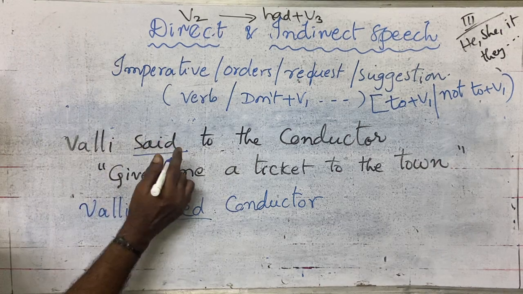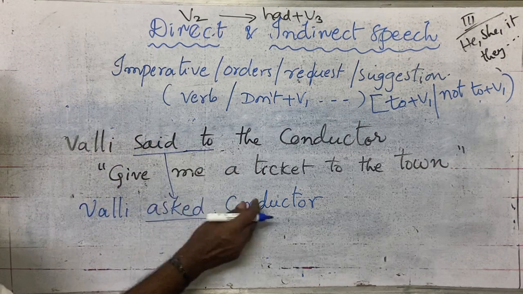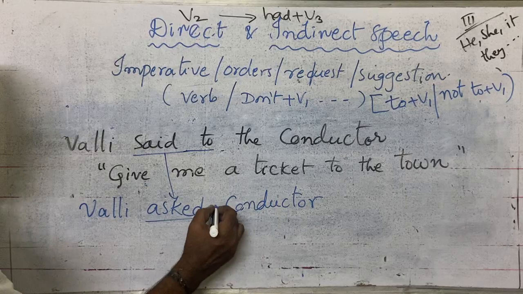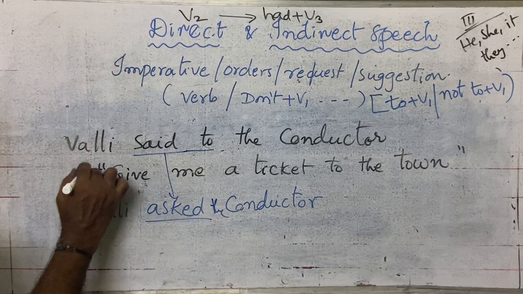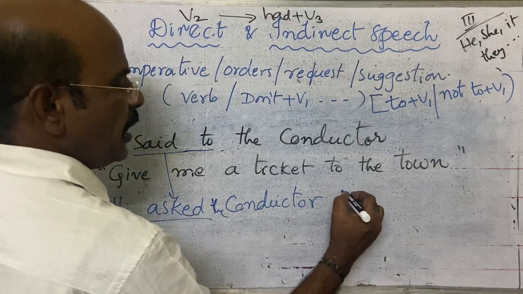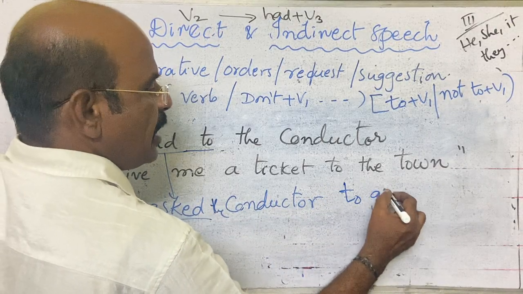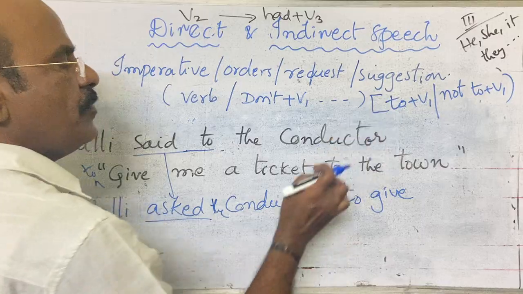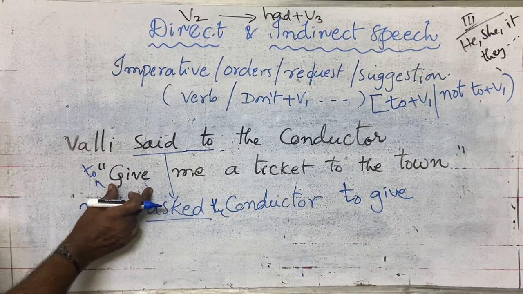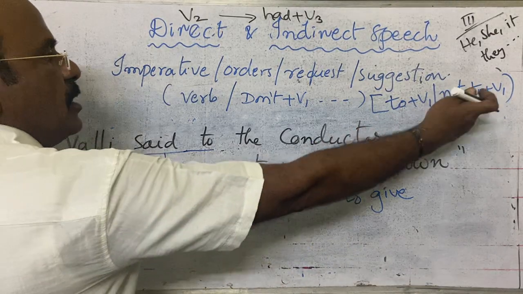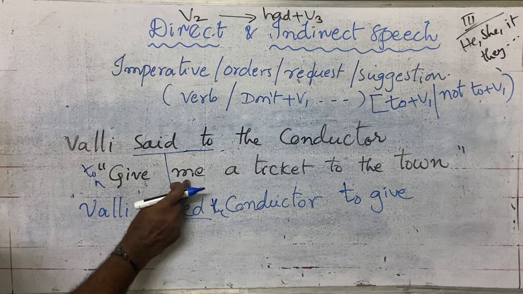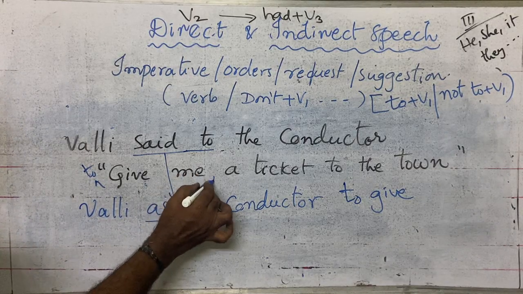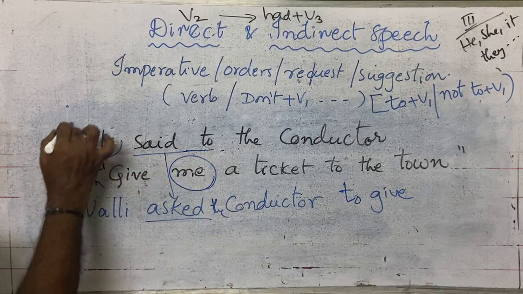So only said to becomes asked the conductor. Here conjunction will come to, to give. This kind of conjunction will be to plus V1. If it is negative, then it is coming not to plus V1. Me means who is talking here? Me means only talking here.